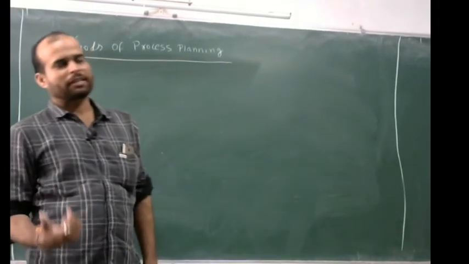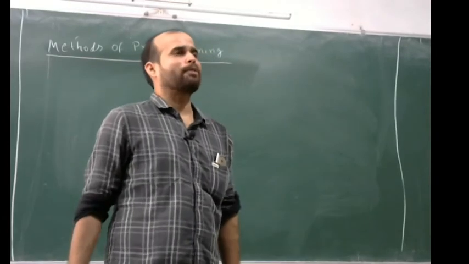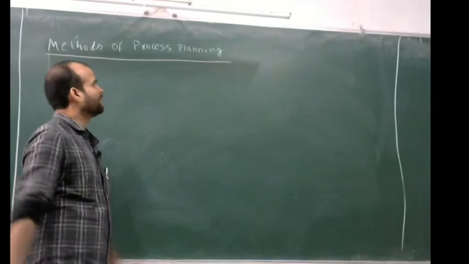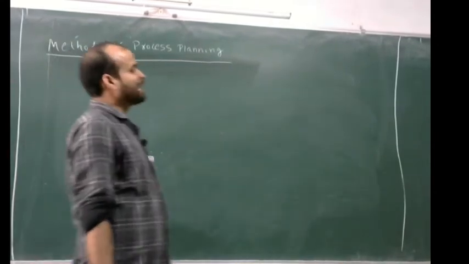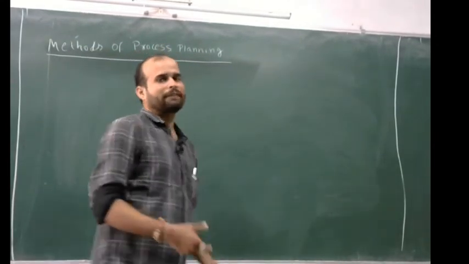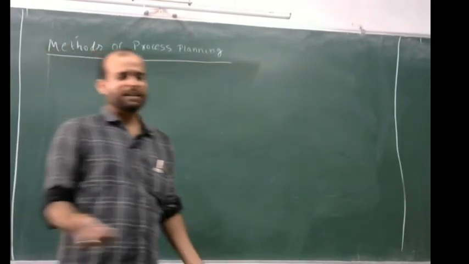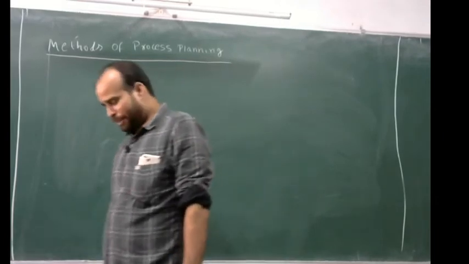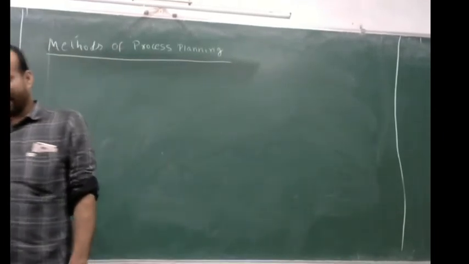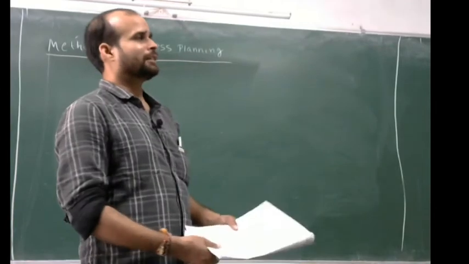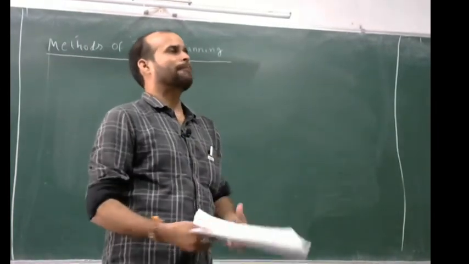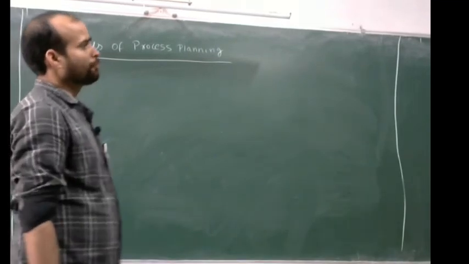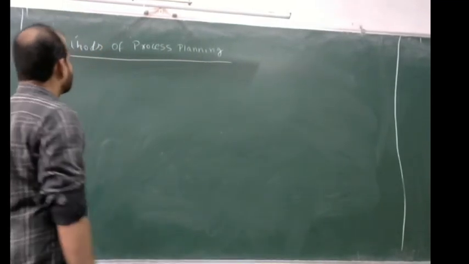The first type is known as manual process planning, in which everything related to planning of the process is to be done manually. Means there is more paperwork and less of the other work. And the second type of method is computer aided process planning.